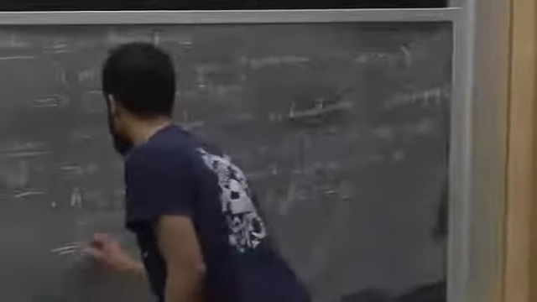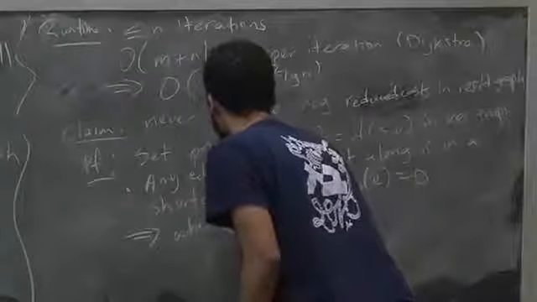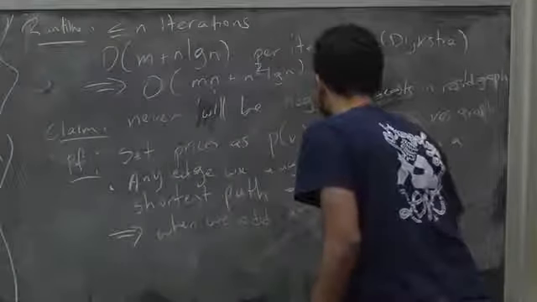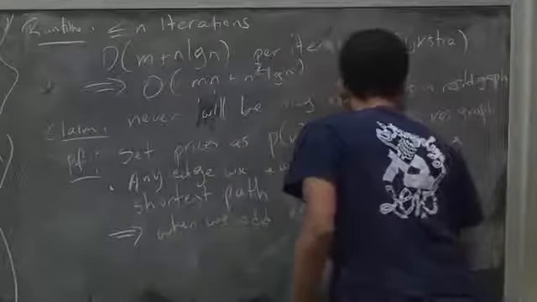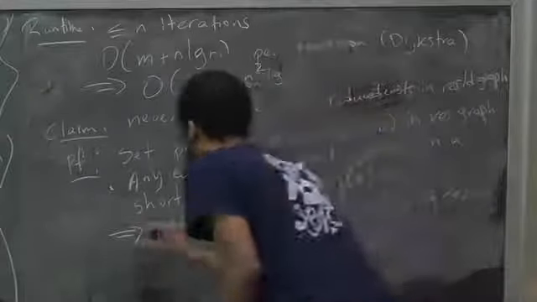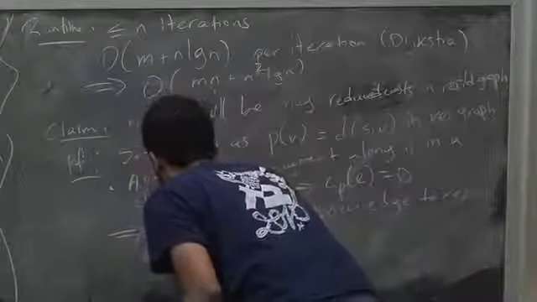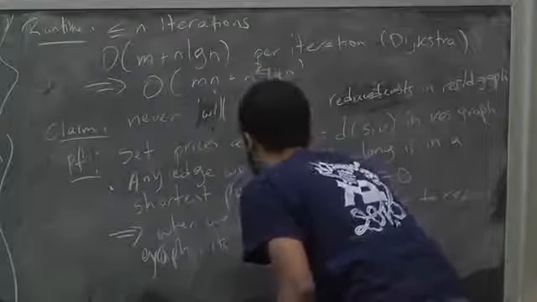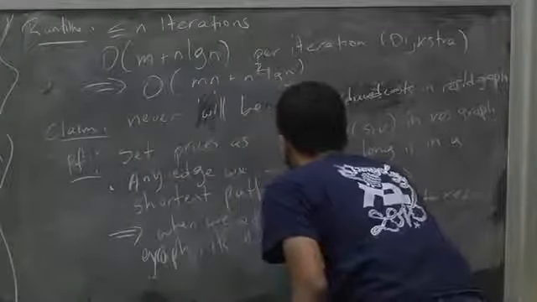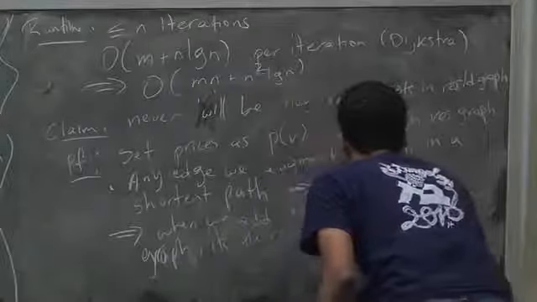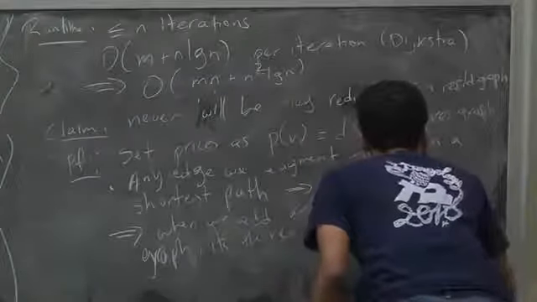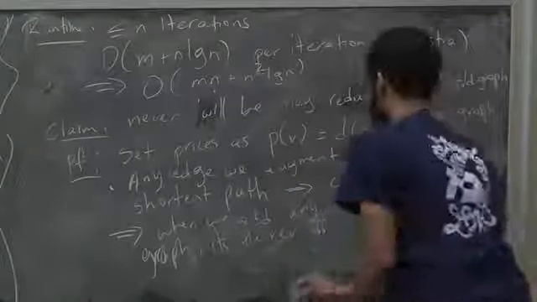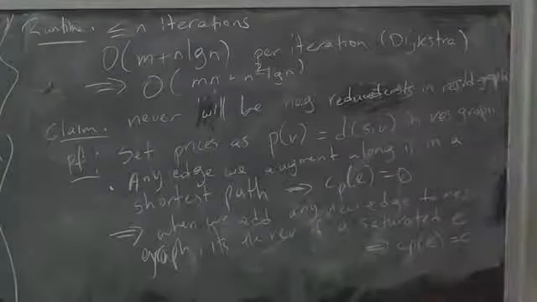This implies that when we add any new edge to the residual graph, it's the reverse of a saturated edge, which implies that its reduced cost was 0. So any edges we add in the residual graph will never be negative.